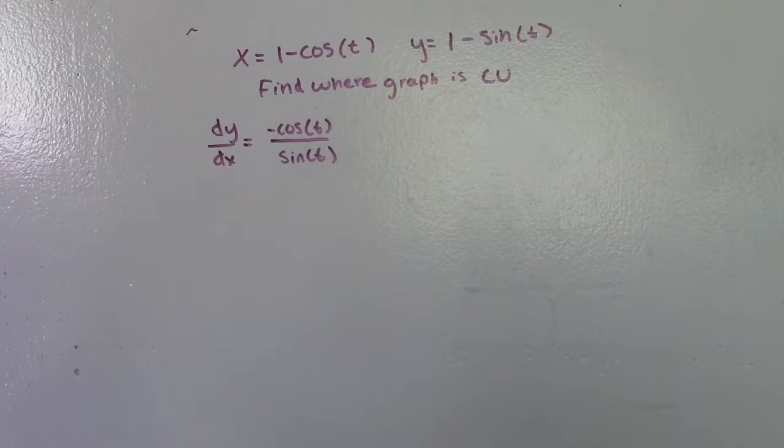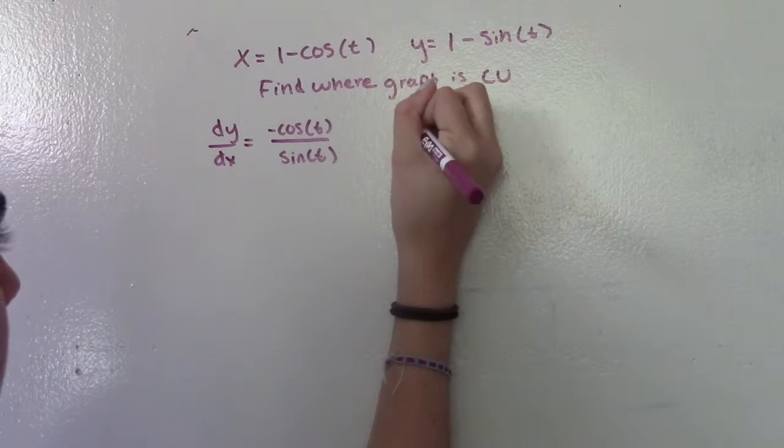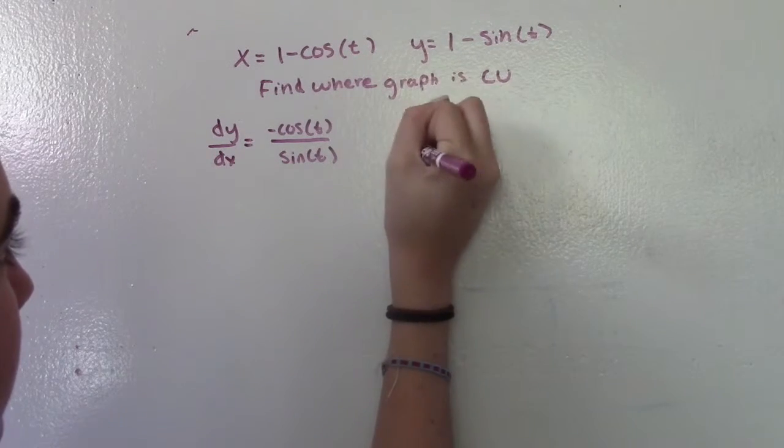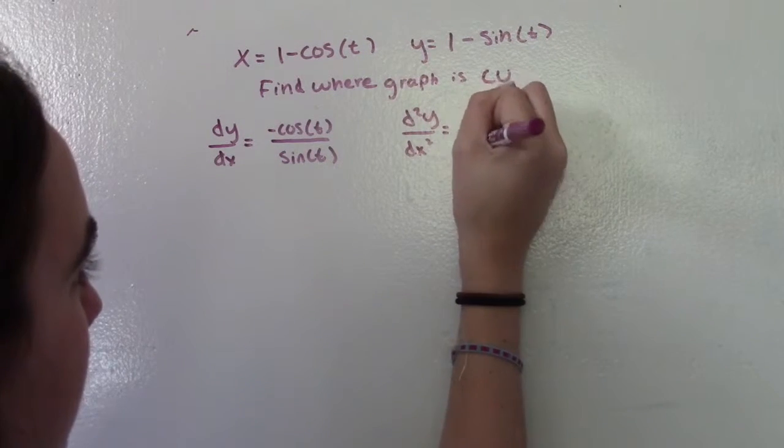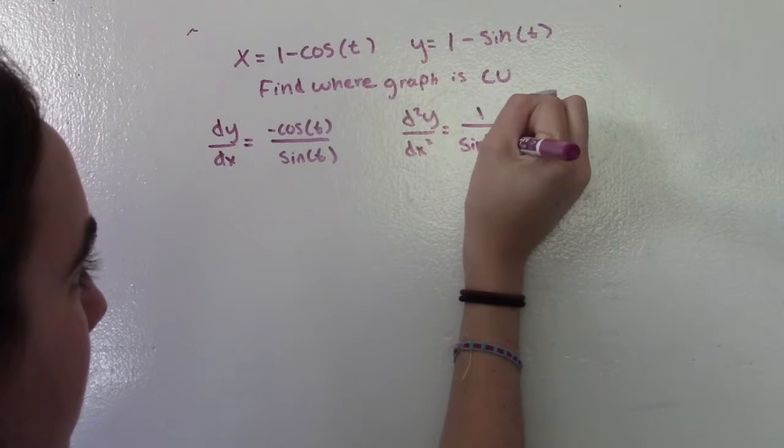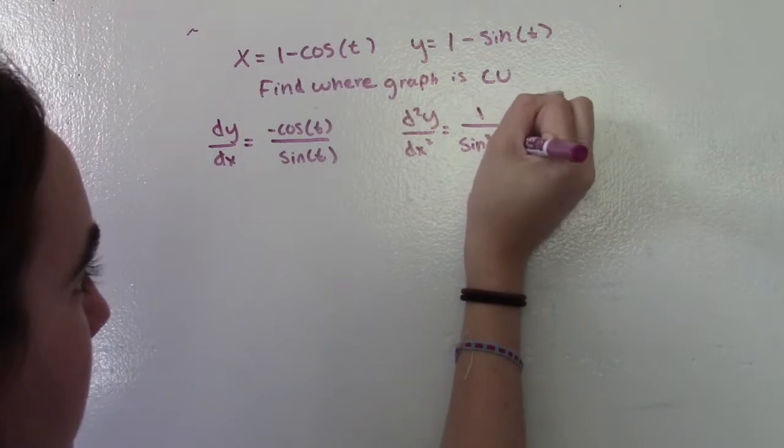We're also going to need our second derivative if we want to do the second derivative test. So d squared y over dx squared is going to be equal to 1 over sine cubed t.